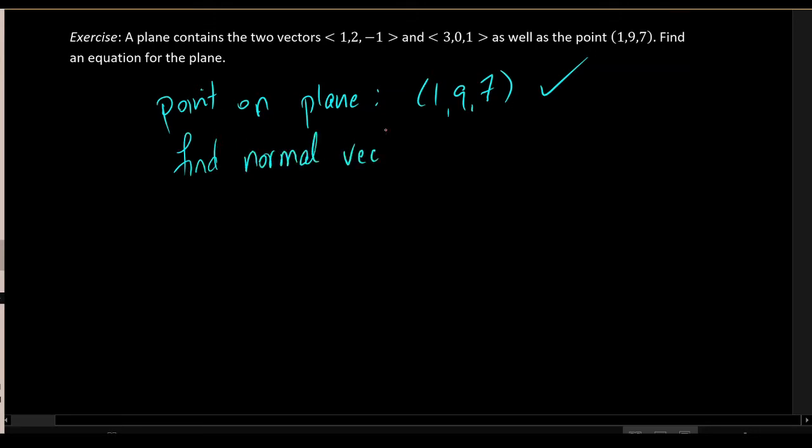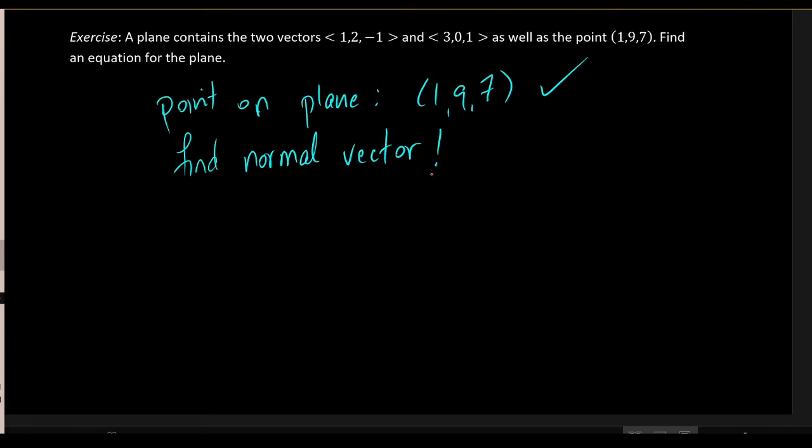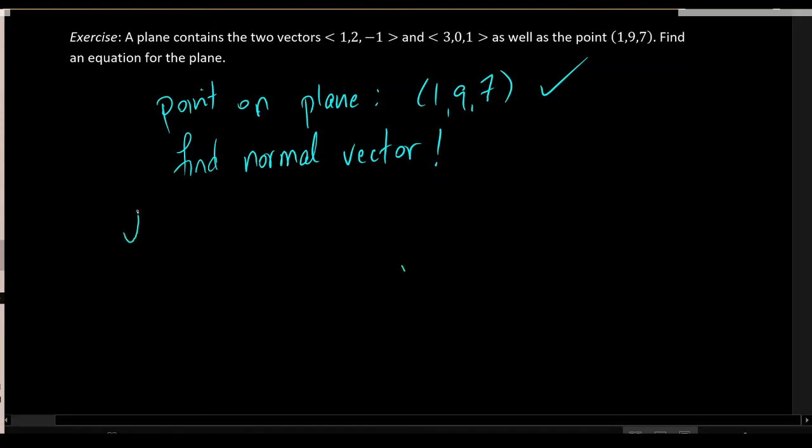So let's see how we might be able to find the normal vector given this information about these two vectors contained inside the plane. Now, by the definition of the term normal vector, the normal vector is going to have to be perpendicular to every vector contained in the plane.